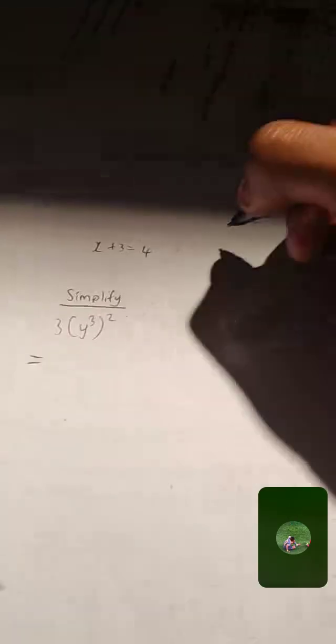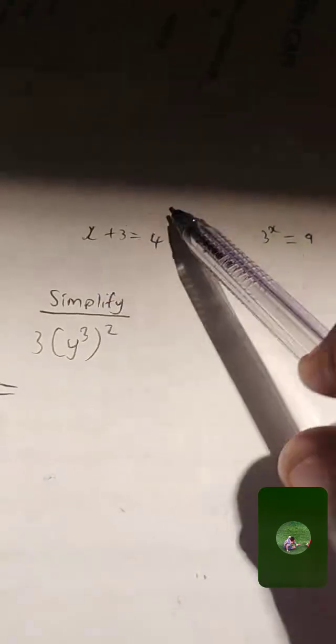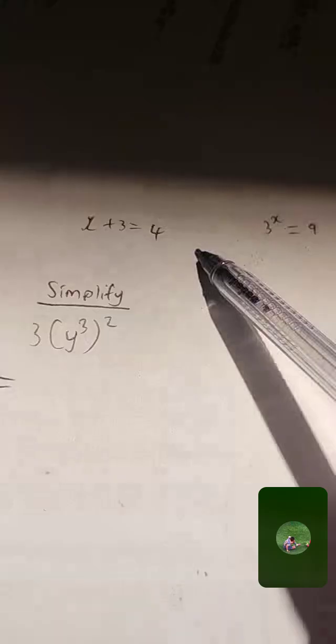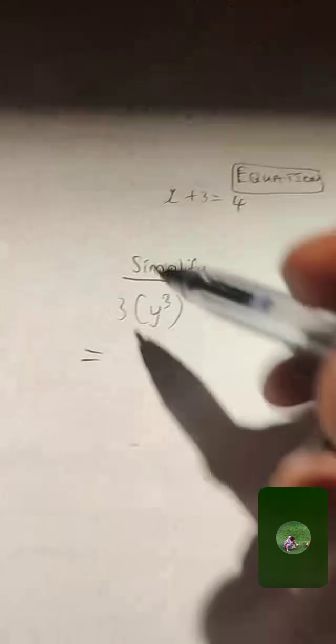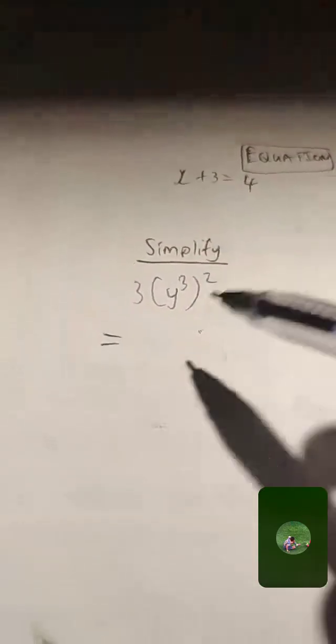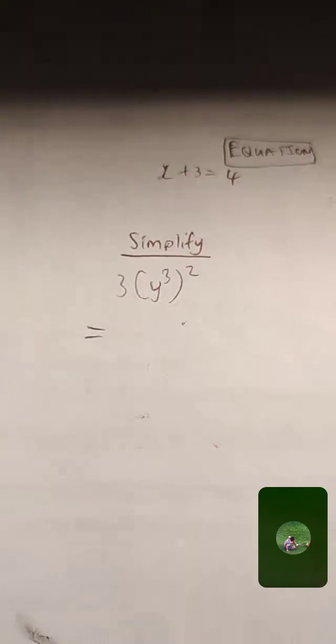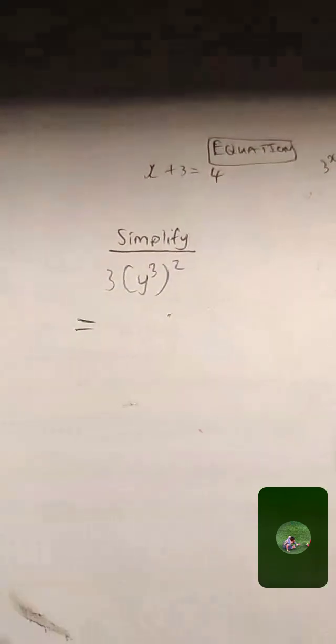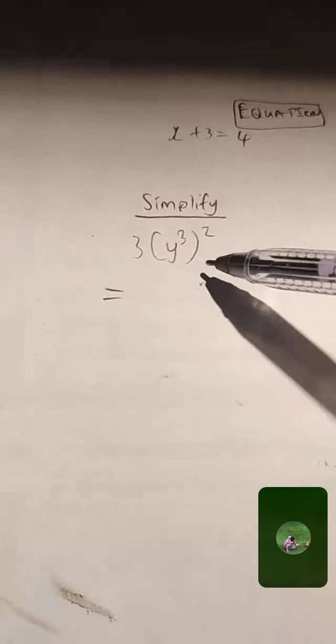Left-hand side, right-hand side: that is what you call an equation. But this we call an expression because it has no left or right. It's just a list of terms, in fact one term.